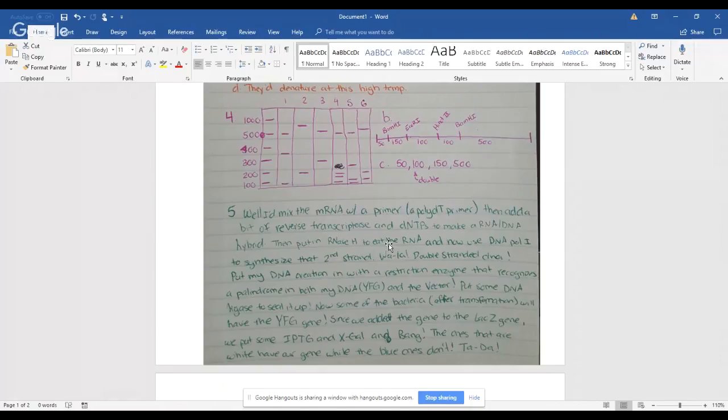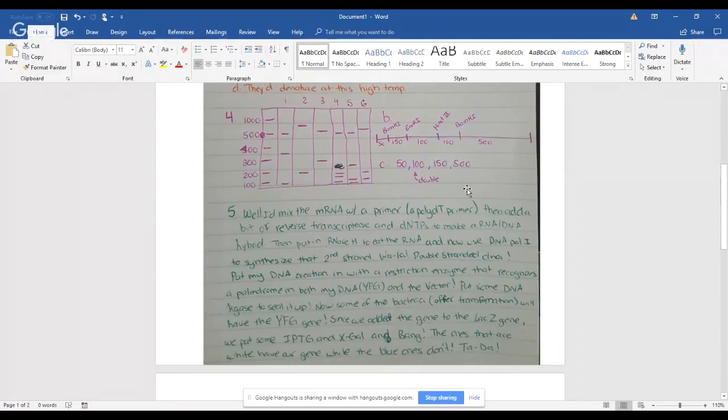From the starting point, you go 50 units and you get your BamHI, another 150 units, you get your EcoRI, go 100 units and you get your HindIII, another 100 units for your BamHI, and then another 500 units to hit the end. And all the fragments you get, if you put all 3 together, would be 50, 100, 150, and 500, and you'd get double the amount of 100s because there are 2 100 fragments.